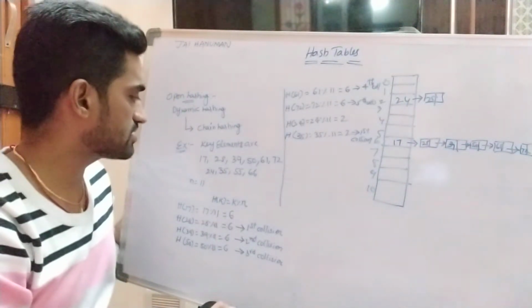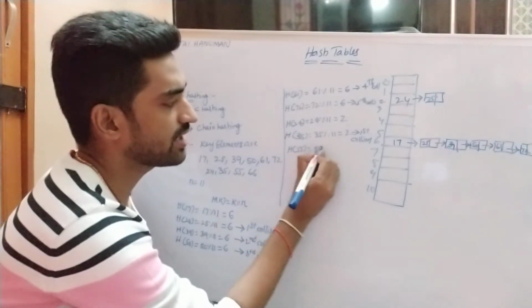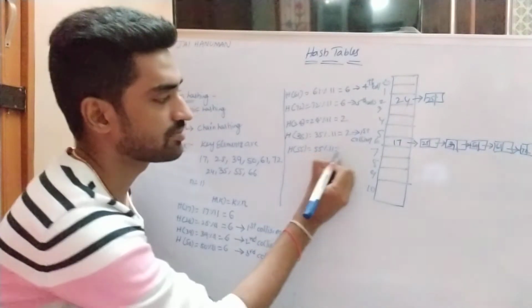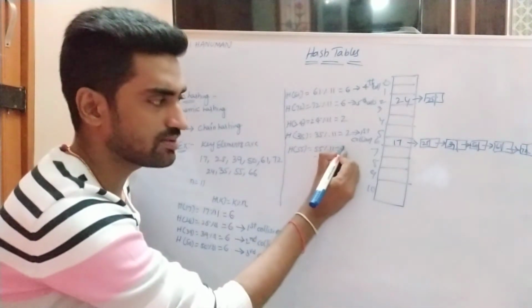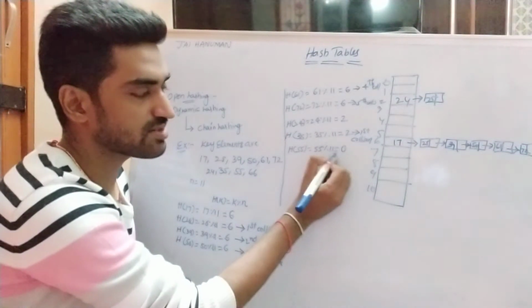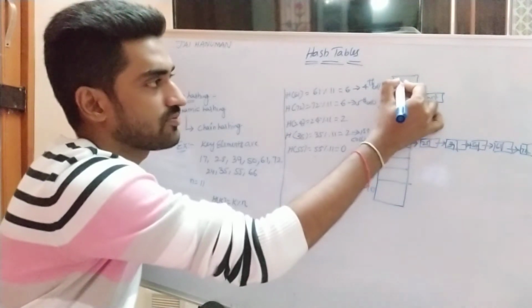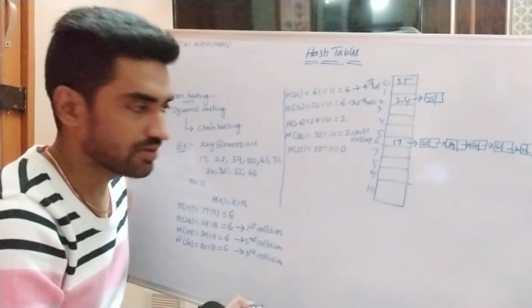So what is the next inserted key value? H of 55. So 55 modulo division of 11. So 11 fives are 55. It returns 0. So it's 0th position, no collision is there. So directly we are inserting 55 at 0th position, right?